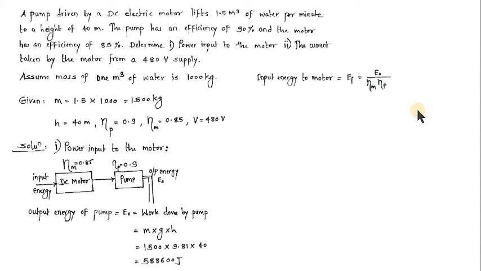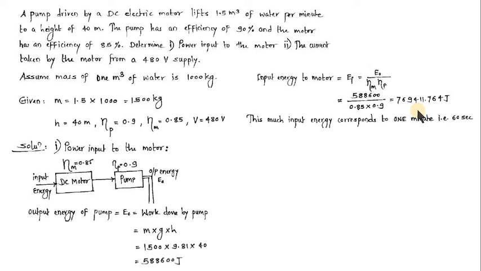If we substitute the values identified so far and the value calculated for output energy of the pump, what we get is input energy required to the motor is 7,69,411.764 joule. So these many joules are being given as input energy to the motor, and if we divide these joules by the time required for this process, we get the power requirement or input power to the motor.